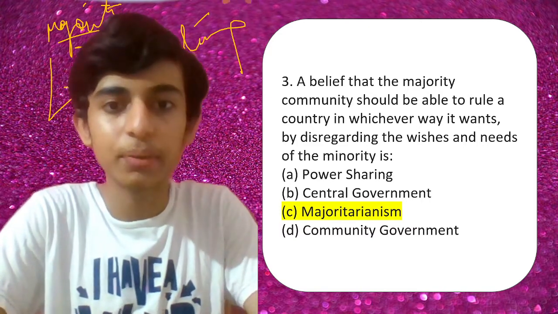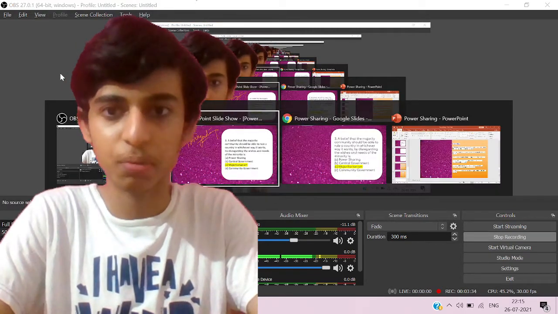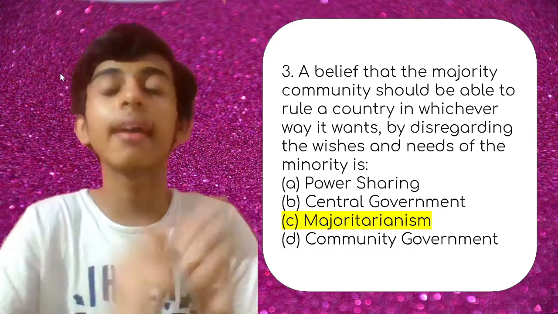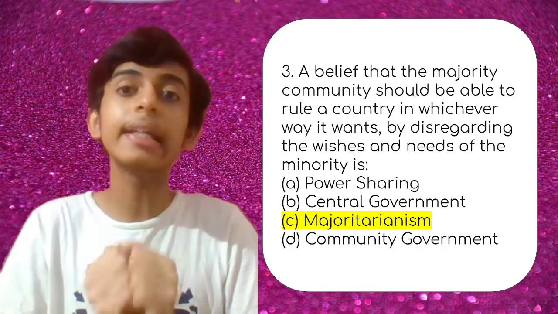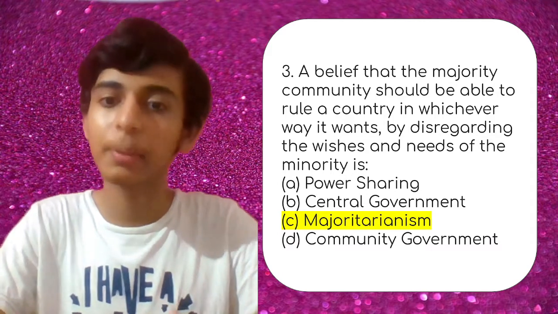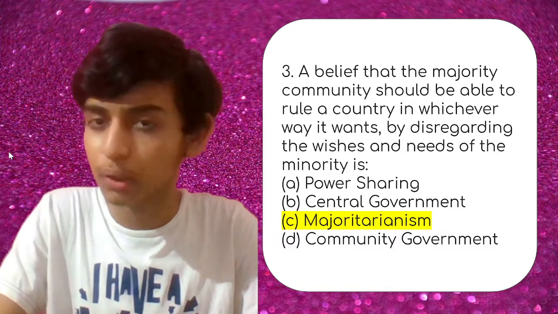So this is known as your majoritarianism. Okay, and in Sri Lanka also we know that the Sinhala people who were in majority, they dominated the Tamil people who were in minority. They disregarded their wishes, right, which was not good at all.